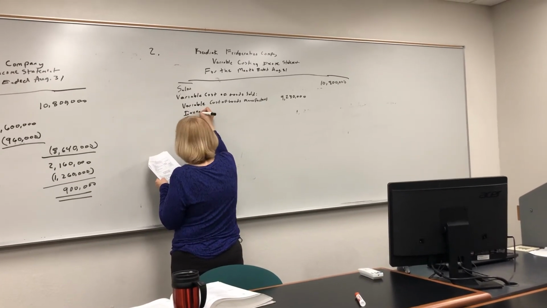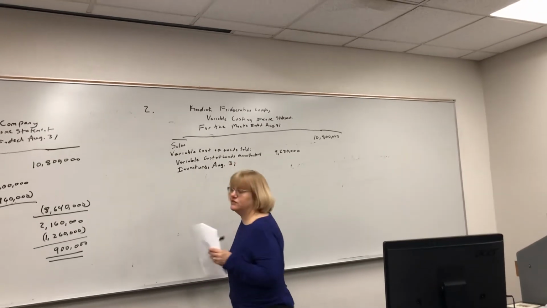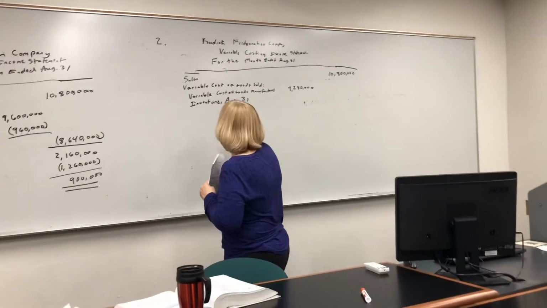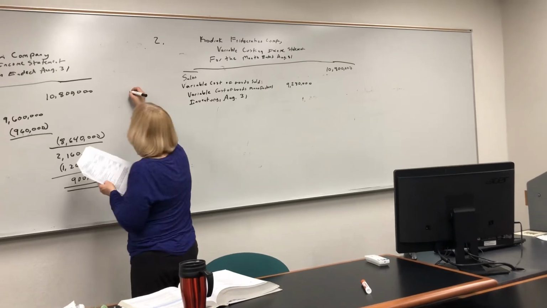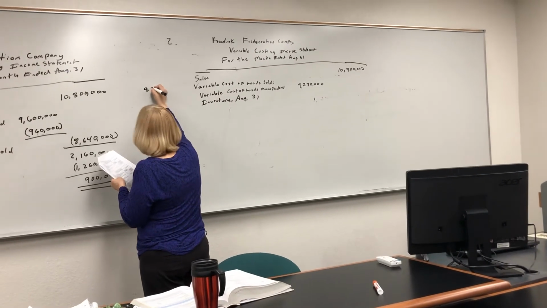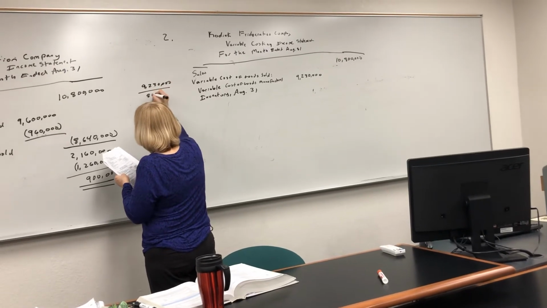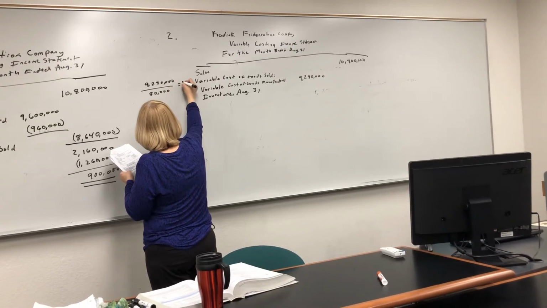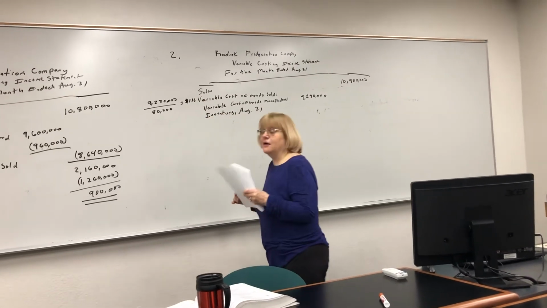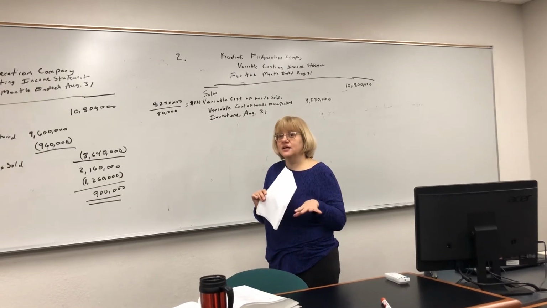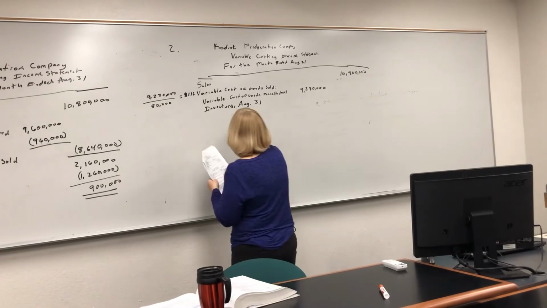So inventory on August 31st, we're going to have a different ending inventory amount because we have a different cost of goods manufactured amount. So we have to get our per unit cost again. We have the $9,280,000 divided by the 80,000 units we produced, which gives us $116 per unit. And we still have 8,000 units left. That's not going to change. We still made 80,000, sold 72,000, so we still have 8,000 left.